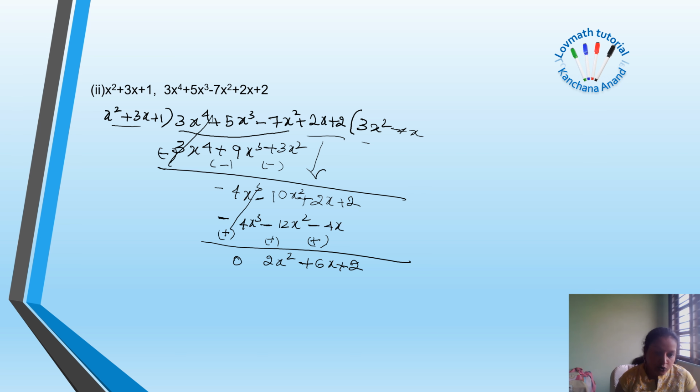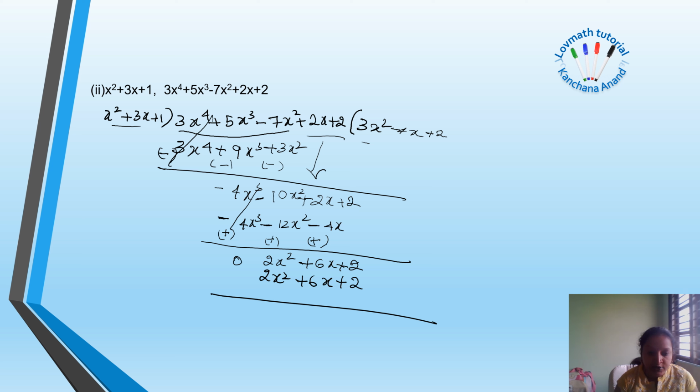Next, to divide this further, we have to multiply the first polynomial by plus 2. So 2 into x square is 2x square. 3x into 2 is plus 6x. 2 into 1 is plus 2.